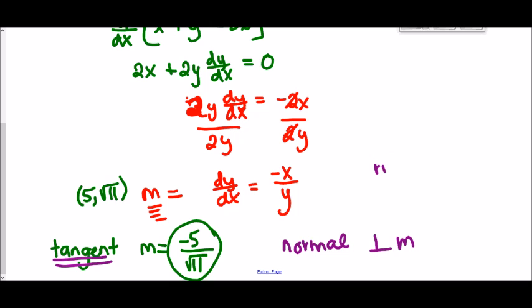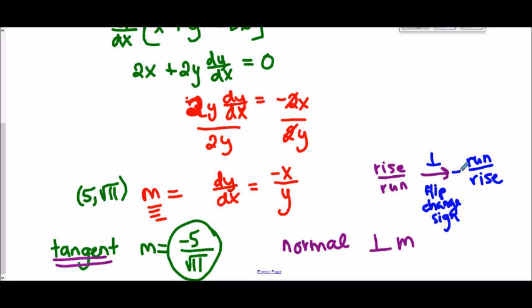So slope is rise over run. If you wanted to get the perpendicular one, what you would do is you would flip it and change the sign. So then it would be run over rise, and you would change the sign.